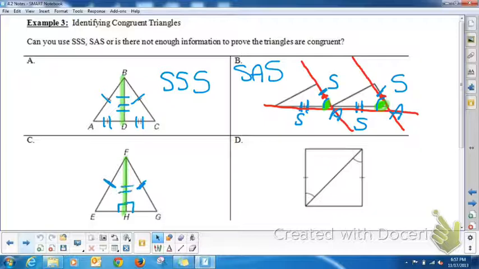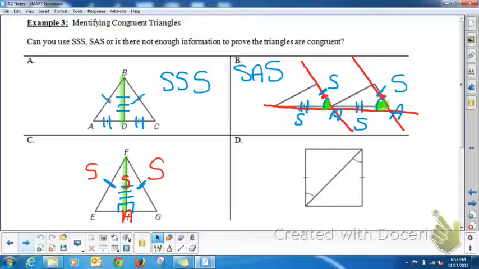Because they share that side, remember that's using the reflexive property. Well, what do we have here? Do we have enough information to prove these two triangles are congruent? We have a side, another side, and an angle. Do we have the included angle? We don't.